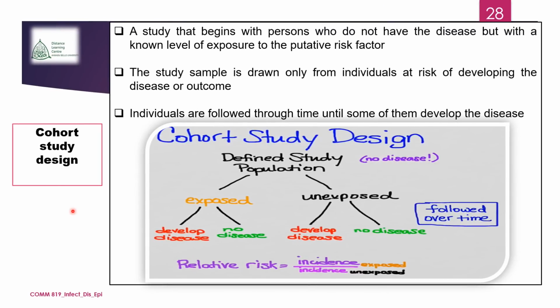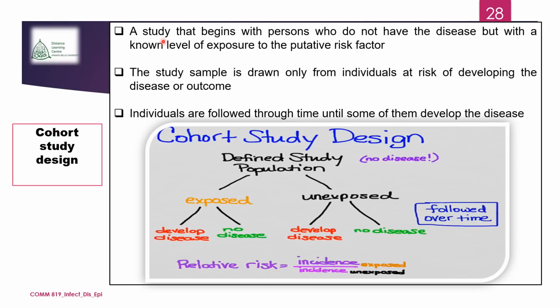All right. Our next observational study, which is the last and the most efficient but rarely used because it is one of the most expensive, is the cohort study design. The word cohort simply means our study population. Individuals are the cohort.